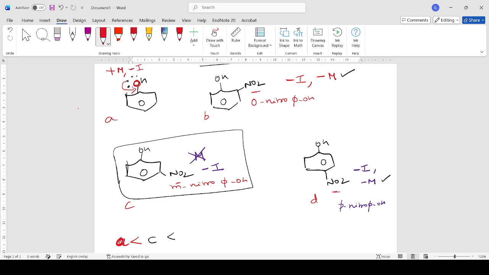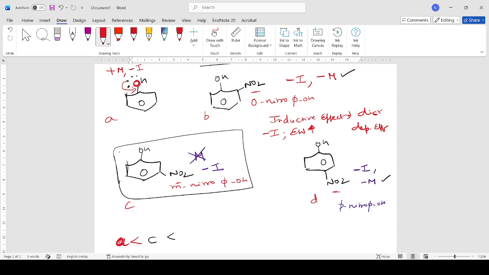Now let us brush up what we have learned in GOC. Inductive effect is a distance dependent effect. That means if it is minus I, the electron withdrawing nature is much higher if it is very close.